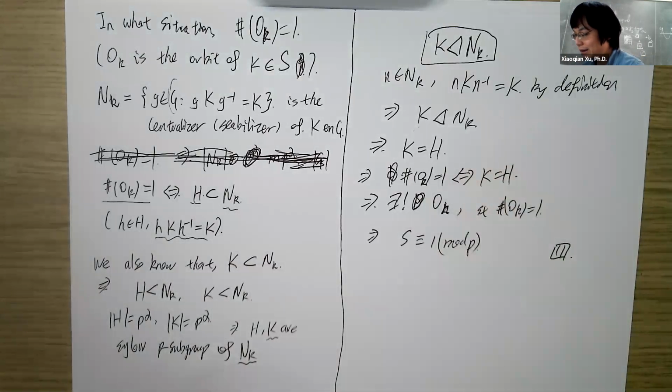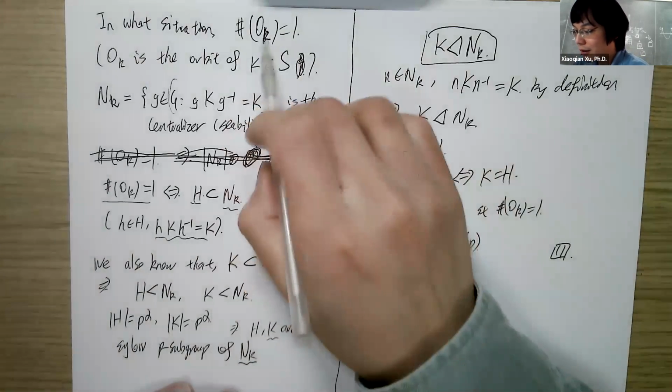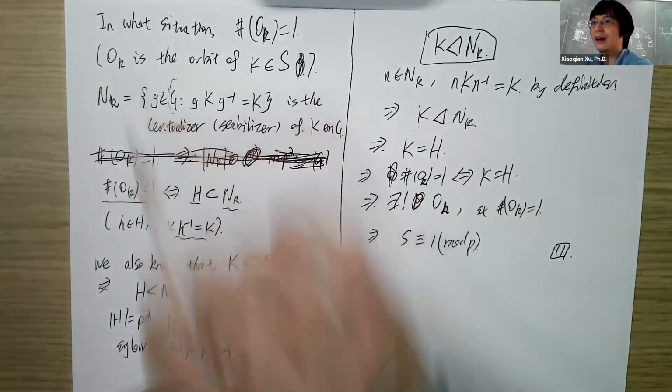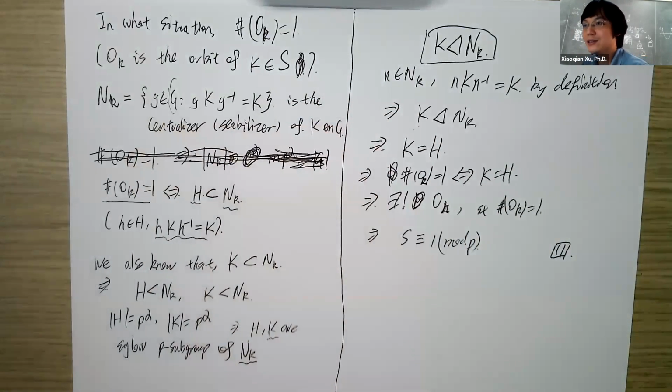So the only thing you try to show is that for the orbit of some other element, it must be different: the orbit must have size greater than 1.